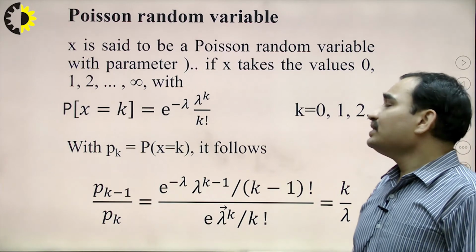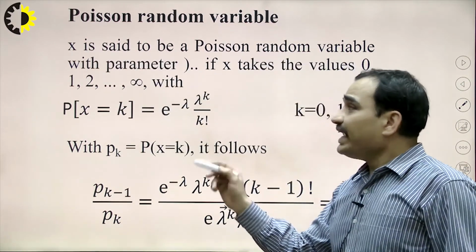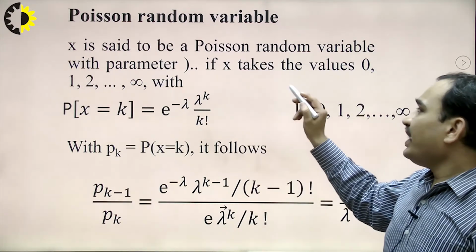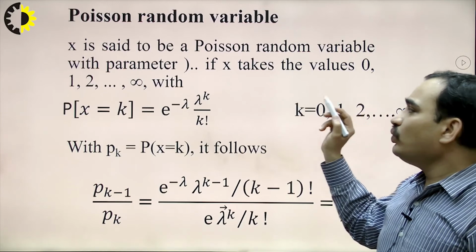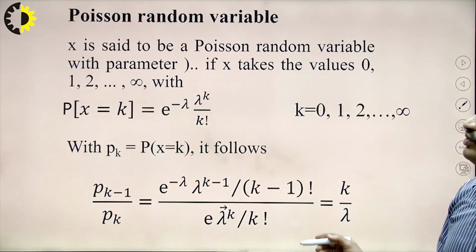Next is the Poisson random variable. So x is said to be a Poisson random variable with parameter lambda if x takes the values 0, 1, 2 up to infinity.